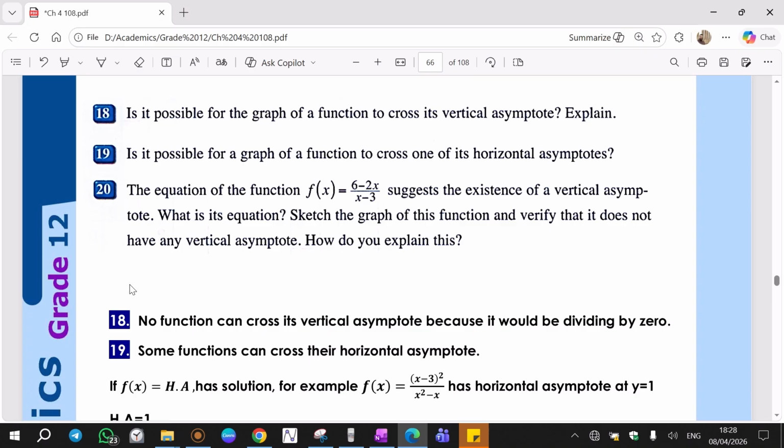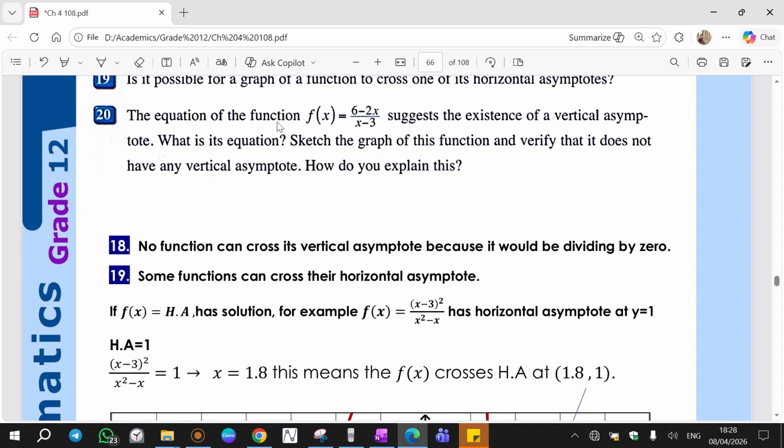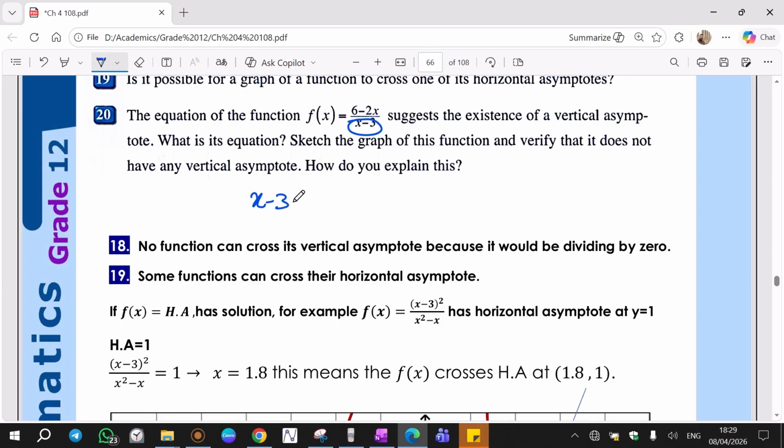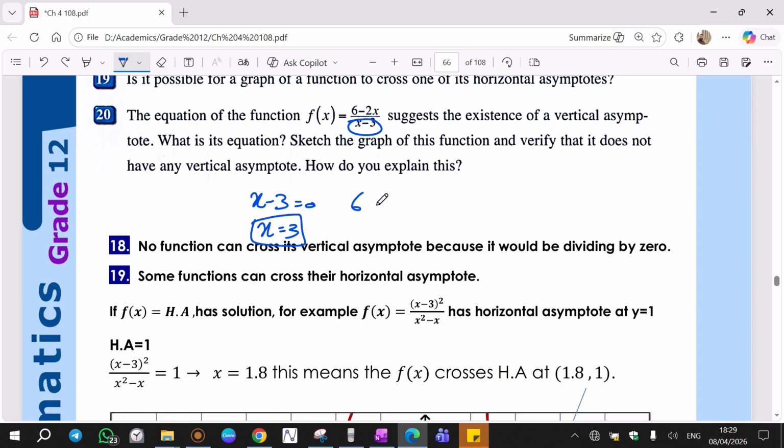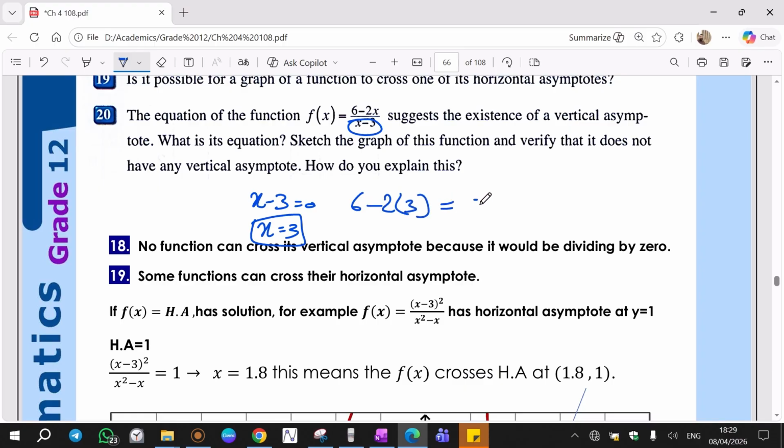That's fine. Here, this question, if I want to find vertical asymptote, I make denominator equal to 0, and by taking denominator equal to 0, x minus 3 equal to 0, x equal to 3. When we want to find vertical asymptote, we need to test this x with the numerator. 6 minus 2 times 3 is equal to 0. So 3 makes the function 0 over 0, and 0 over 0 is not vertical asymptote.